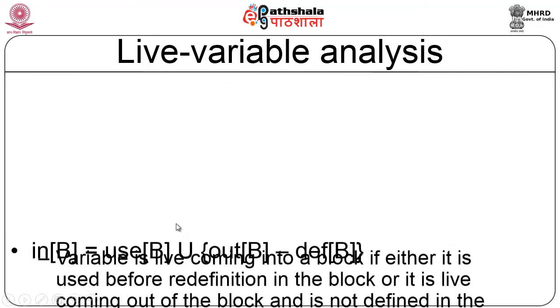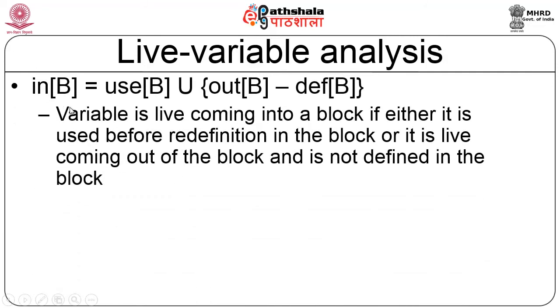Now in of B will be use of B union out of B minus definition of B. The understanding is a variable is said to be live coming into a block if either it is used before redefinition in the block, or it is live coming out of the block and is not defined in the block itself.